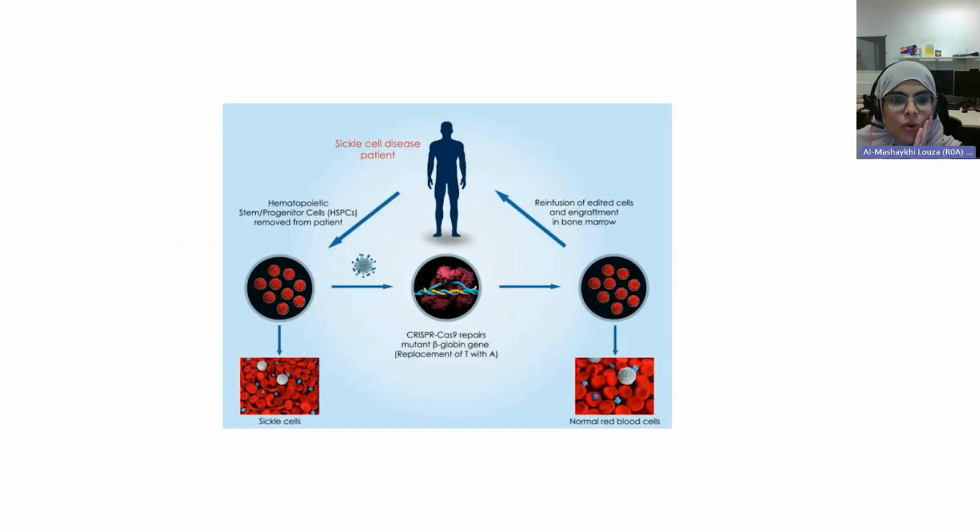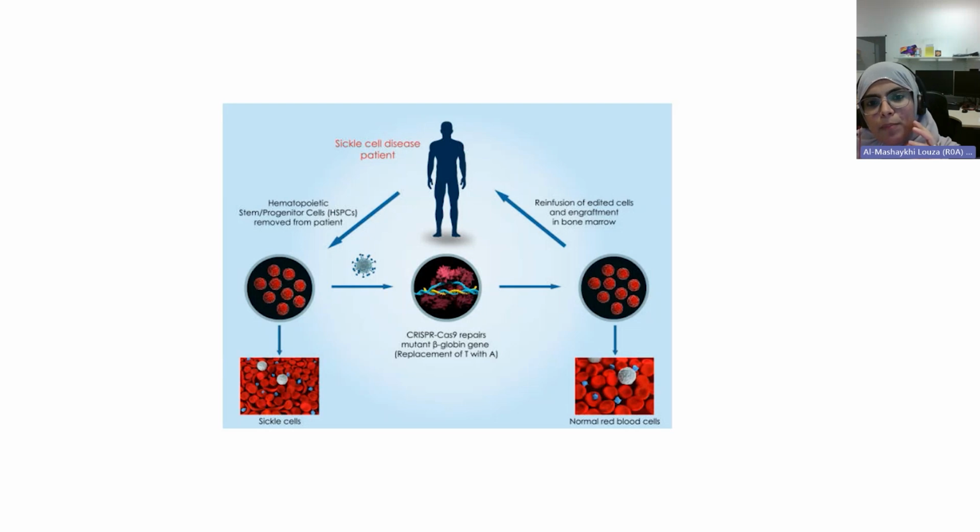So we harvest the stem cells from the patient after mobilization, and we take the stem cells to the lab and edit them by CRISPR Cas9 to repair the mutation in the beta globin gene.